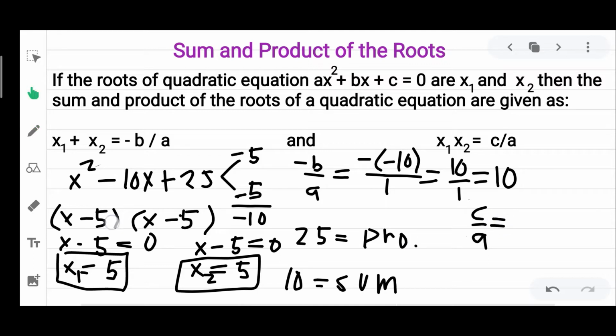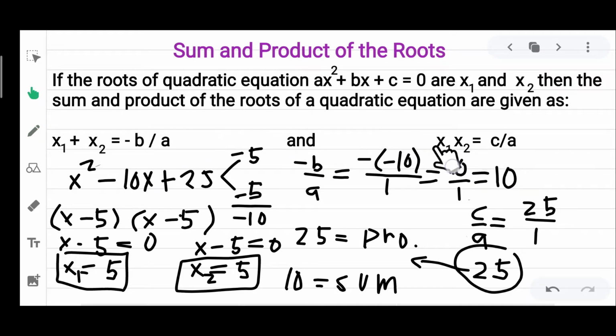Yung c natin dito is the constant, which is positive 25. And then yung value naman ng a natin dito ay 1. Diba? So, 25 divided by 1, the answer is 25, which is the product of the roots. And, ganun ka-importante yung paggamit ng mga formula na to para mas madali para sa atin na isolve ang sum and product of the roots.